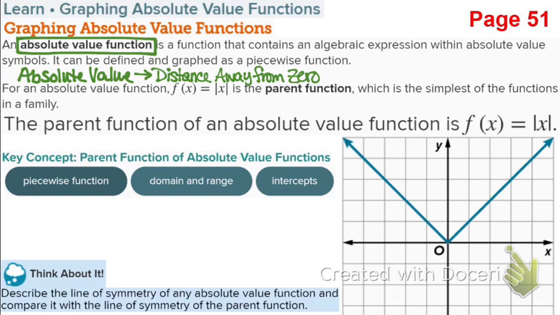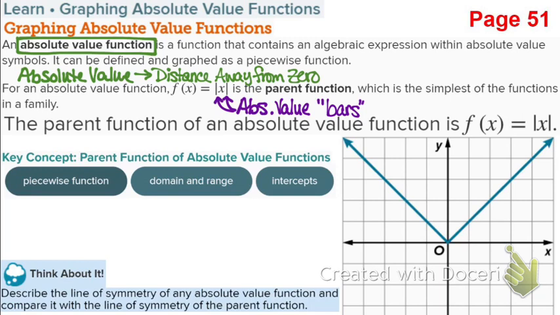This right here is how we write absolute value. Do you guys see the x in between those two bars in the function rule here? Do you guys see the bars on either side of x? When you see that, that is how you know we're talking about absolute value. Absolute value bars.